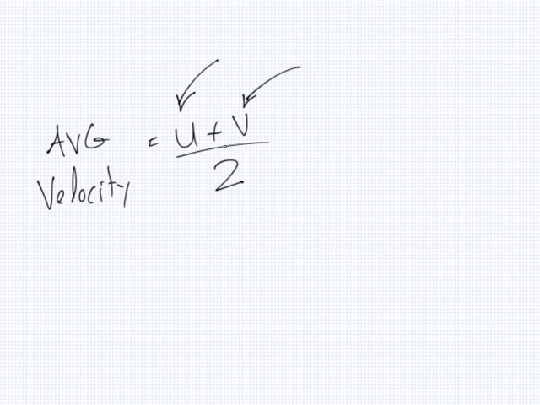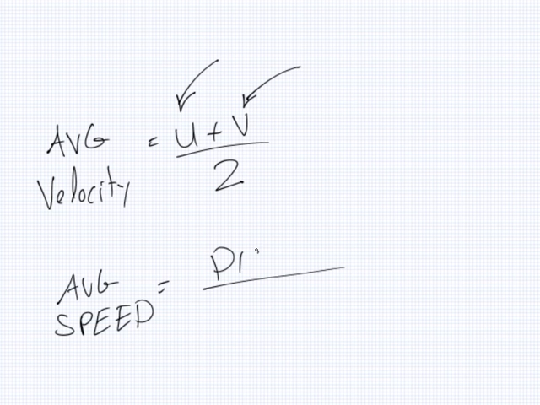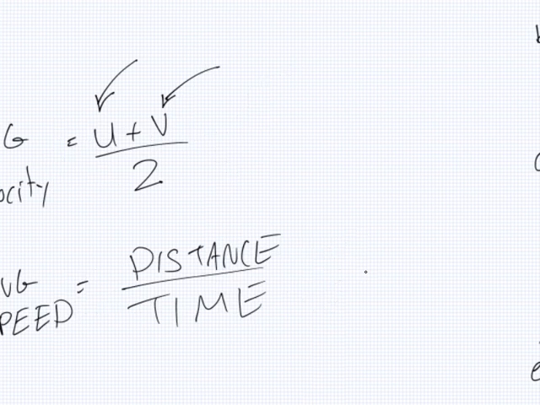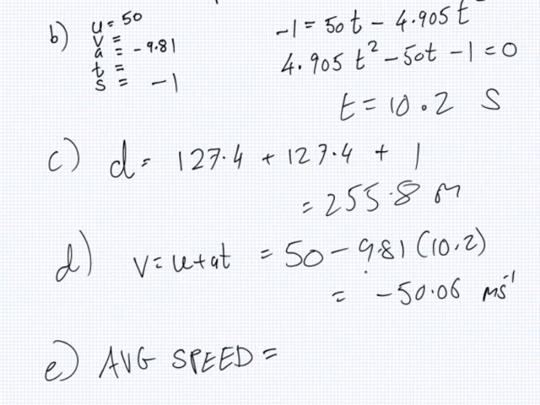But the average speed, if we're being precise, is not this. It's actually the distance over the time. So, back to this one, the average speed is the distance over the time.